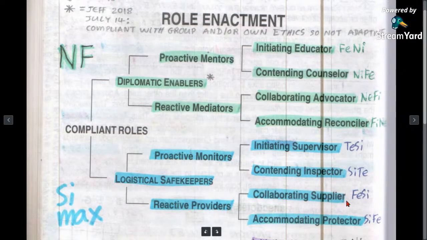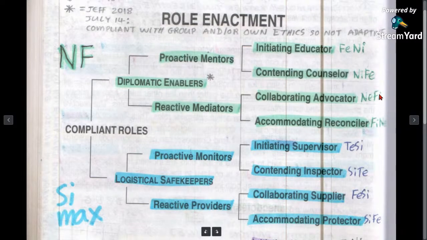Collaborating supplier, maybe some SE, like if you're adapting to certain things, maybe. Protector, maybe. This one, I would say with counselor, you might get a little bit of FI in there. A little bit of FI. Educator, maybe a little bit of NE with ideas, like communication.